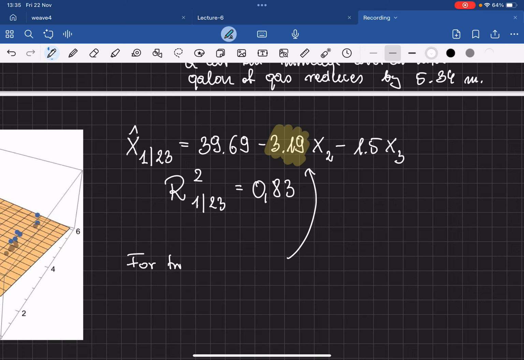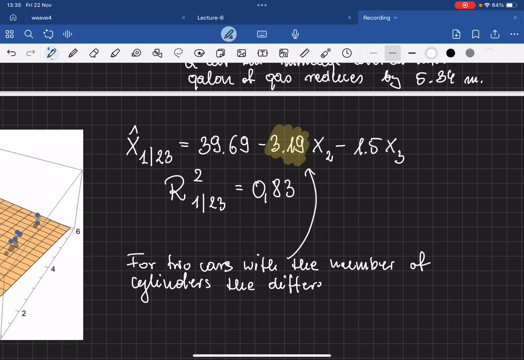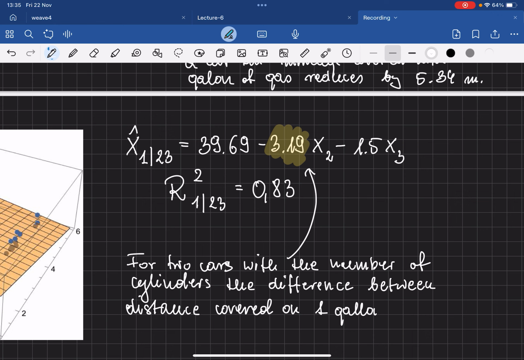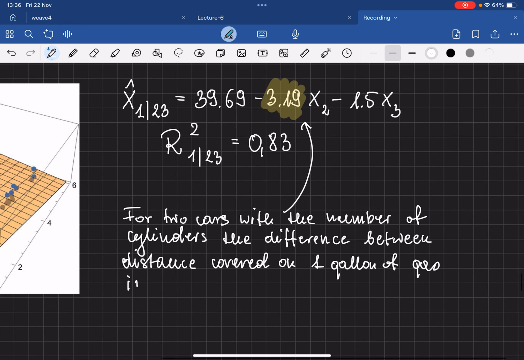For two cars with the same number of cylinders, the difference between the distance covered on 1 gallon of gas is probably, on average, 3.19.